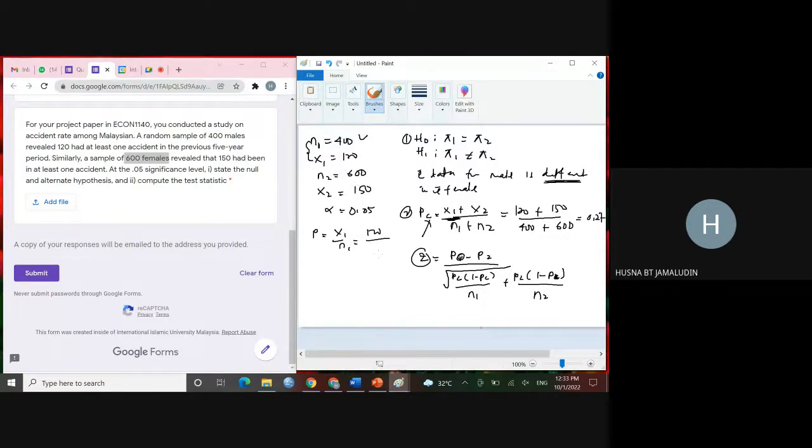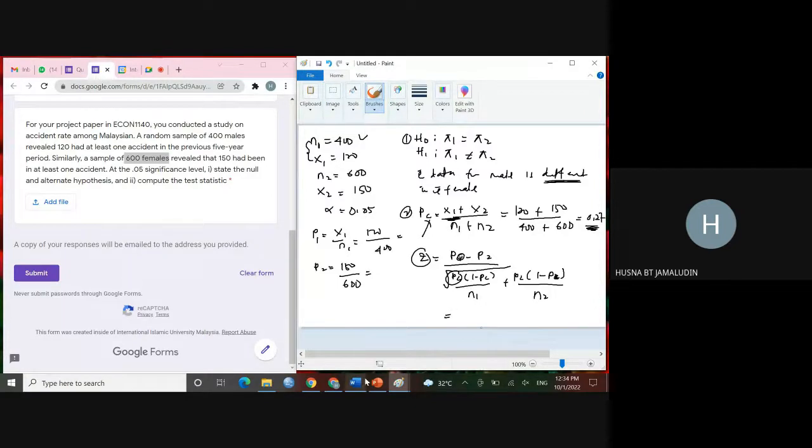This one, 400. This will give you the value of P1, and do it for P2. What is P2? x2, 150 over n2, 600. This will give you the value of P2. And you have computed the PC, which is this one, and just plug it into the formula. You should get the answer straight away.